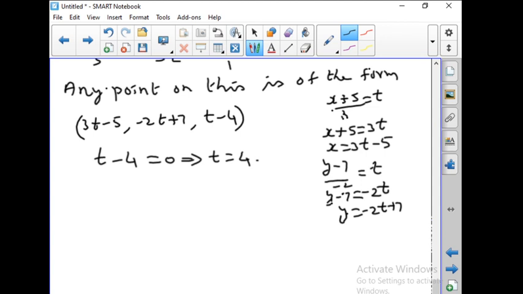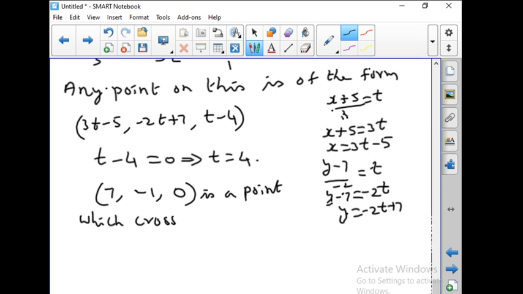So what do you get? 3 4s are 12, 12 minus 5 is 7. Then minus 2 into 4 is minus 8, minus 8 plus 7 gives you minus 1. Then 4 minus 4 is 0. So (7, minus 1, 0) is the point which crosses the xy plane.